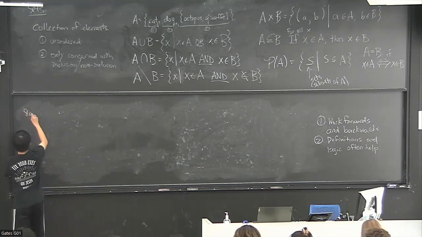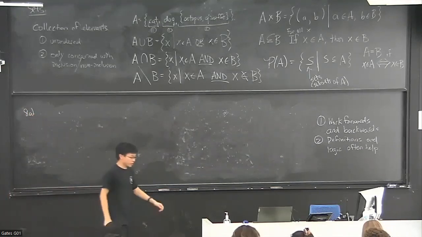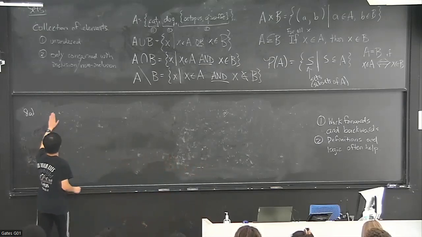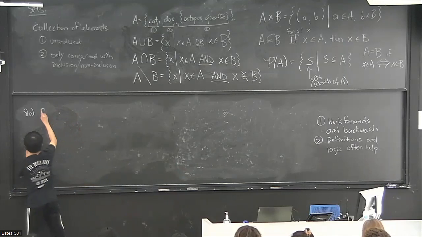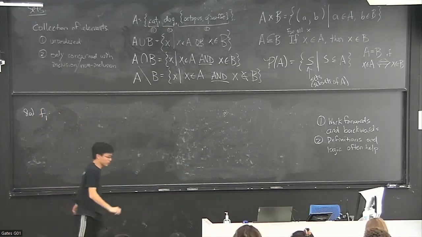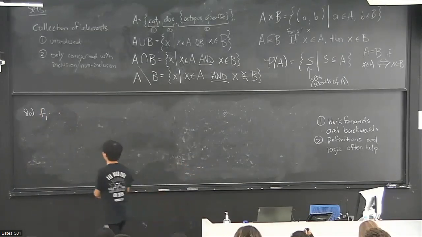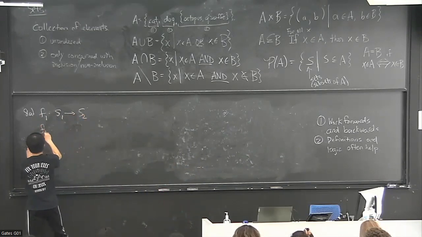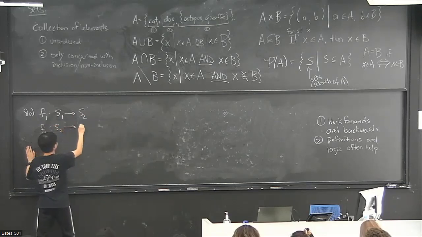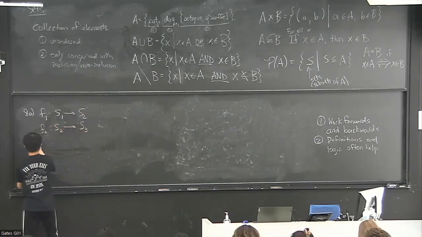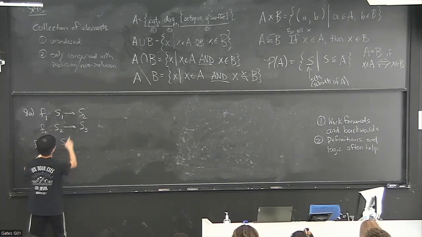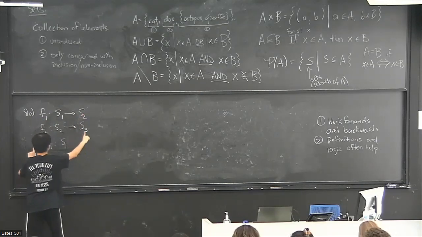8A says the composition of two bijections is a bijection. So we're going to prove this. Here we have a function f1 going from a set S1 to S2, and a function f2 with arrows going from set S2 to S3, and we want to show that f2 composed with f1 is a function that starts from S1, goes through f1 to S2, then through f2 to S3.